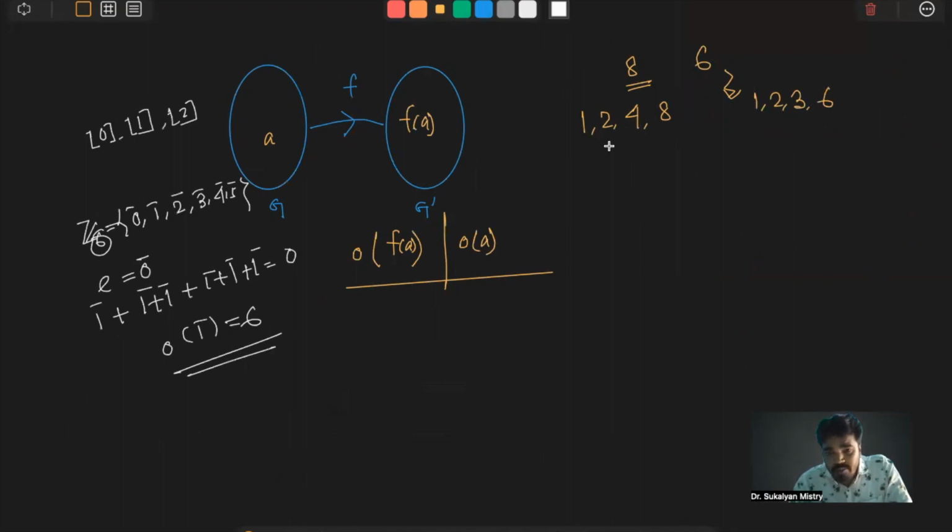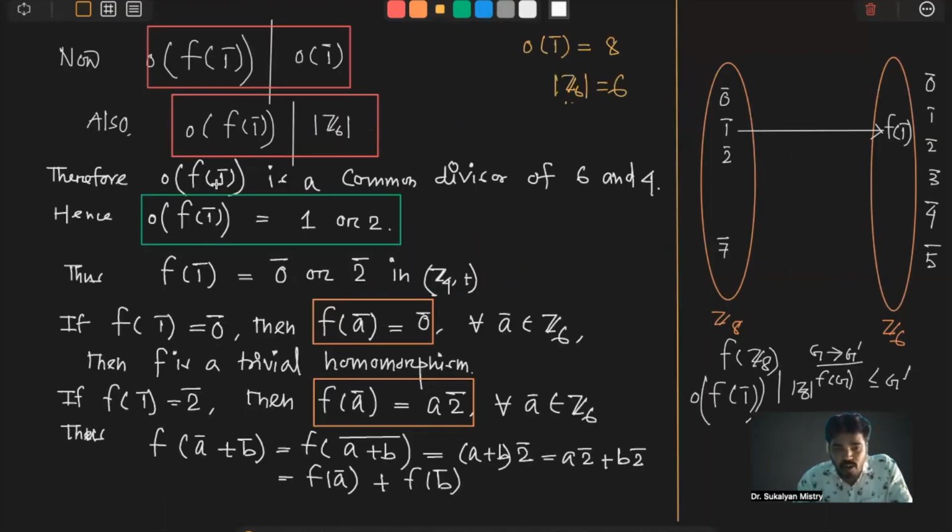So the common divisors I get are 1 and 2. Therefore the order of f of 1 bar is a common divisor of 8 and 6, just as I did in the previous problem. So the order of f of 1 bar is either 1 or 2.